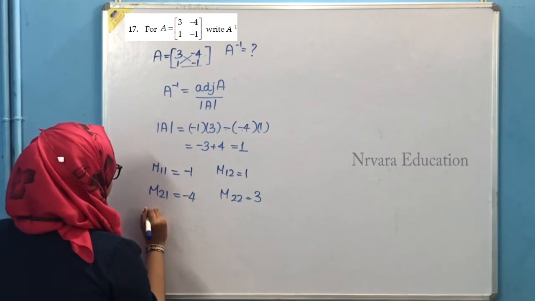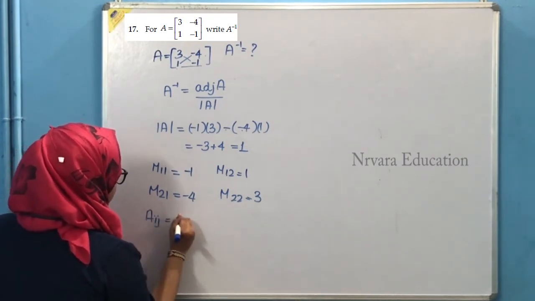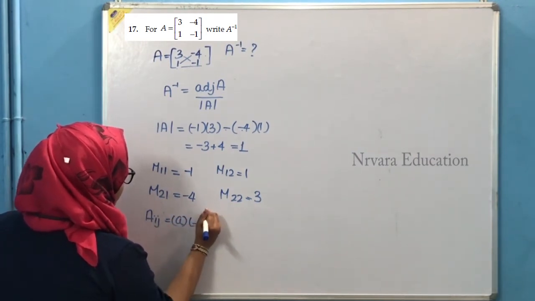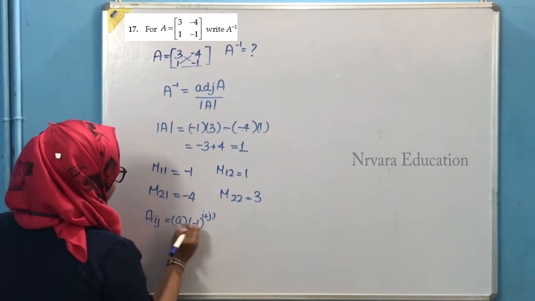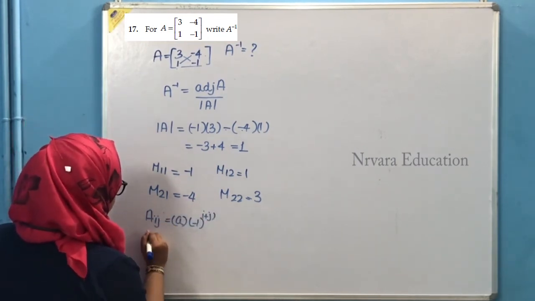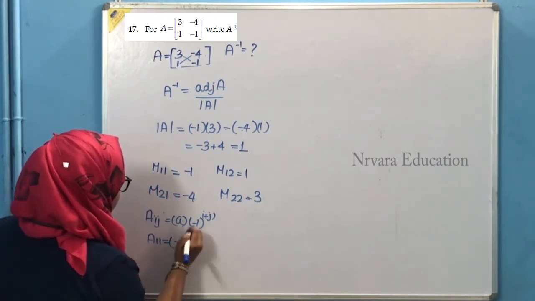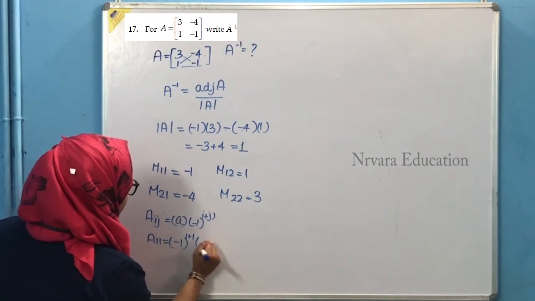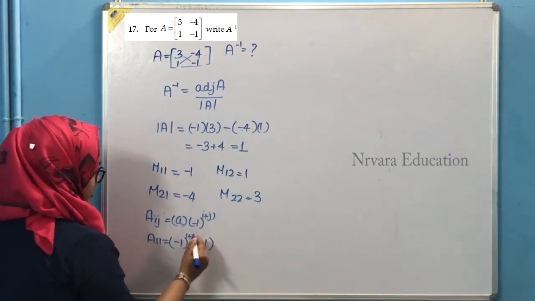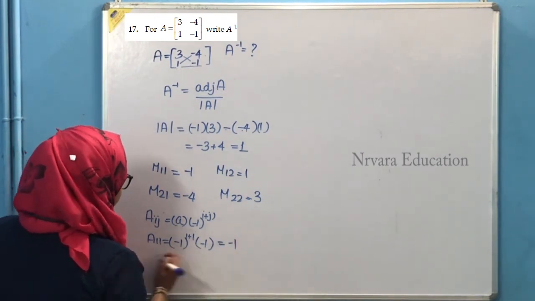Now cofactor of Aij will be A into minus 1 raised to i plus j, where A is the value of the minor. Now A11 will be equal to minus 1 into minus 1 raised to 1 plus 1. So 1 plus 1 will be 2. So minus 1 square is 1. So our answer will be minus 1 itself.